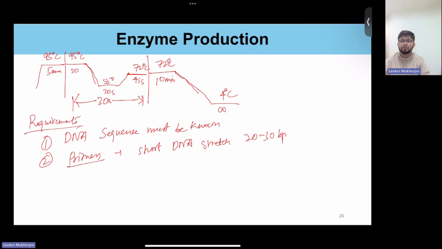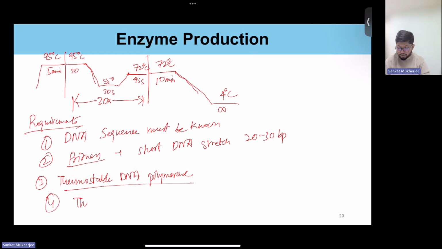They are readily produced by commercial companies or can be produced by DNA synthesizers as well. Then we have a thermostable DNA polymerase. And of course, the most important component is a thermal cycler, which will perform this entire process.